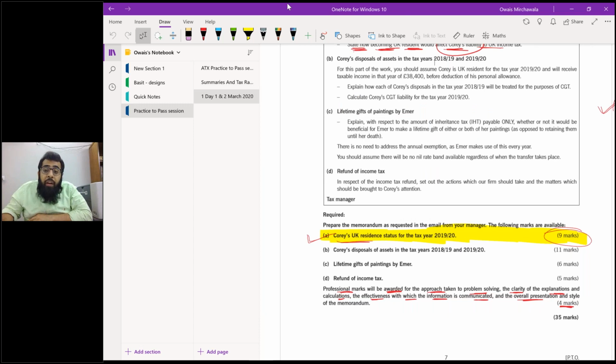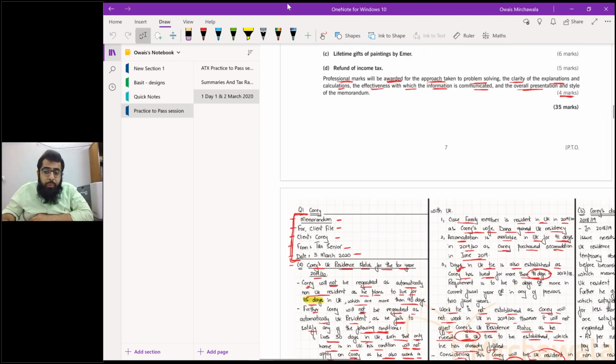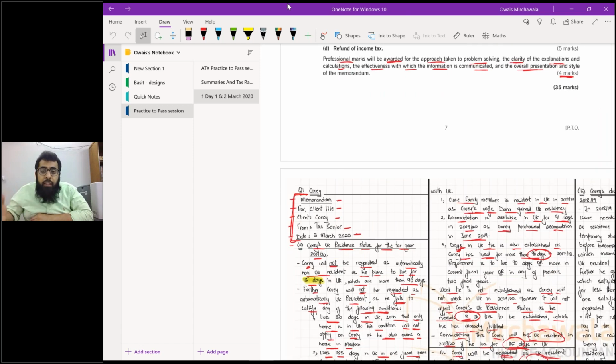And as far as examiner answers are concerned, in the advanced stage, those answers get outdated because after the update of the Finance Act, the old answers on the ACCA website become outdated. This is the reason why I write my own answers for the students. I'll share 4 papers with you here in this practice to pass session. And for the rest of the papers, I'll share them in the WhatsApp group.